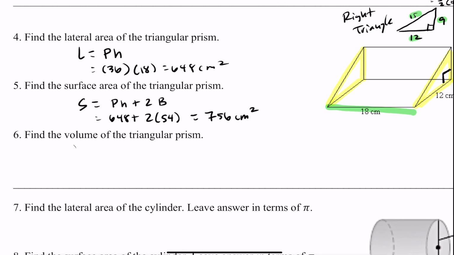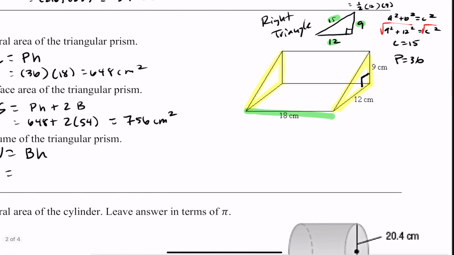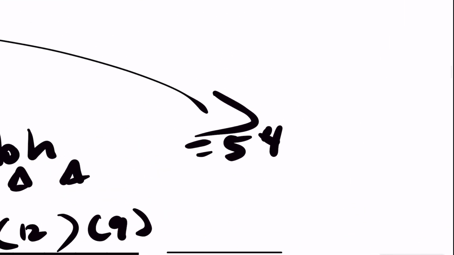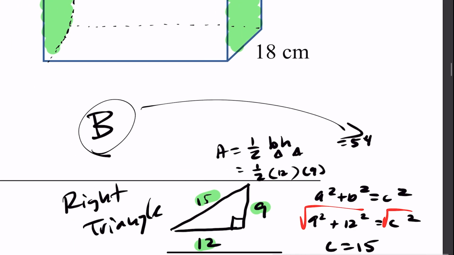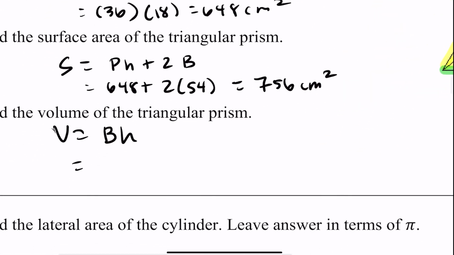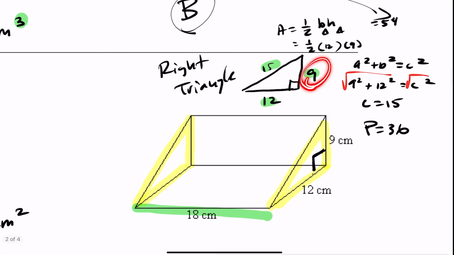And then the volume is the area of the base multiplied by the height of the prism. Did we figure out the area of the base? Yes, we did. It's over here. It's 54. We did A equals 1/2 the base of the triangle multiplied by the height of the triangle. It's 54. And then this height, this H, is it this H here?